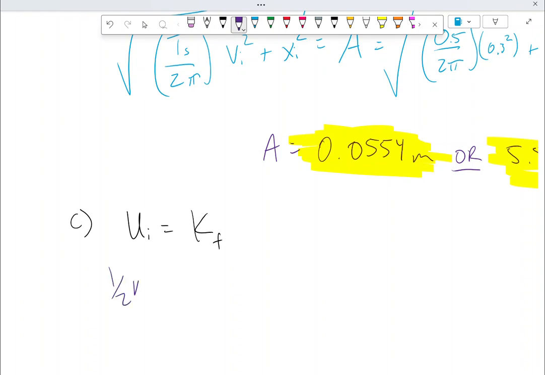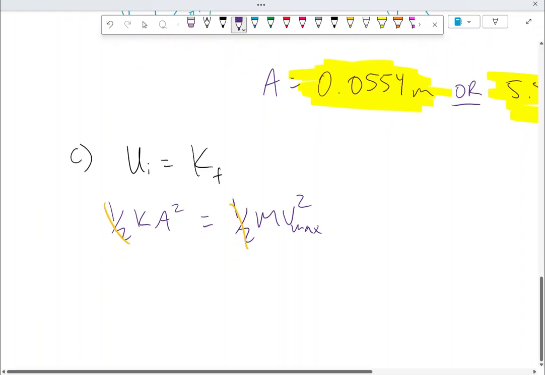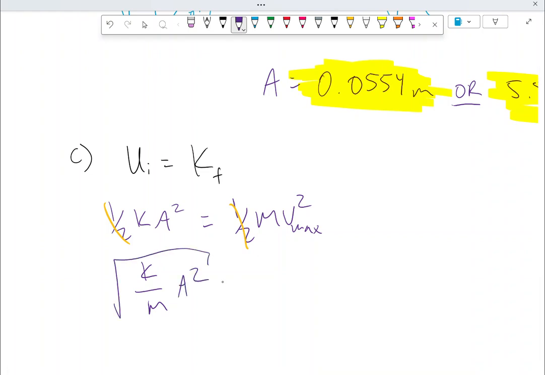So it's going to be 1/2 k times the amplitude squared, and that's going to equal 1/2 mv squared, and this is going to be my maximum speed. Again, the 1/2 cancels out. I get k over m, a squared, and then I'm going to take the square root of all of that.